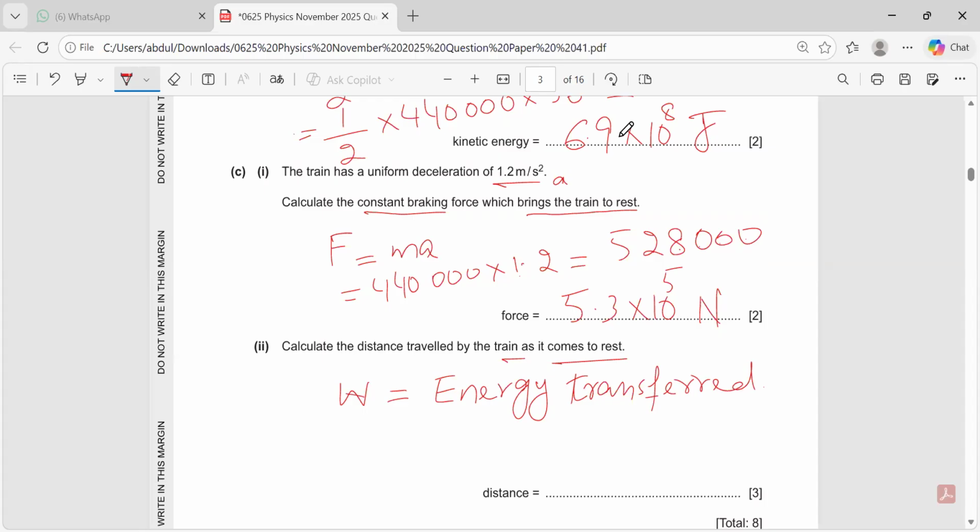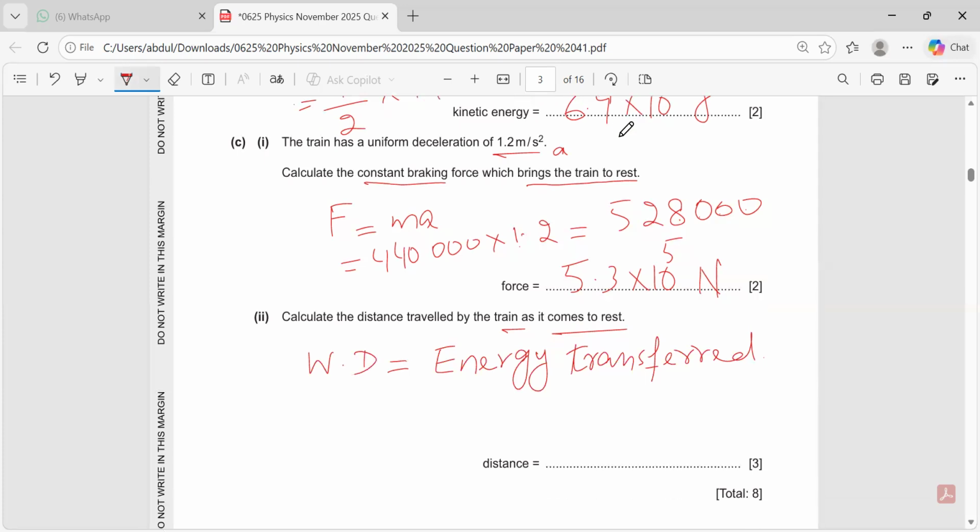So I can write work done, simply W.D. Now here, work done is force times distance, and which energy basically? Energy transferred, work is done, and kinetic energy is there because the train is moving.